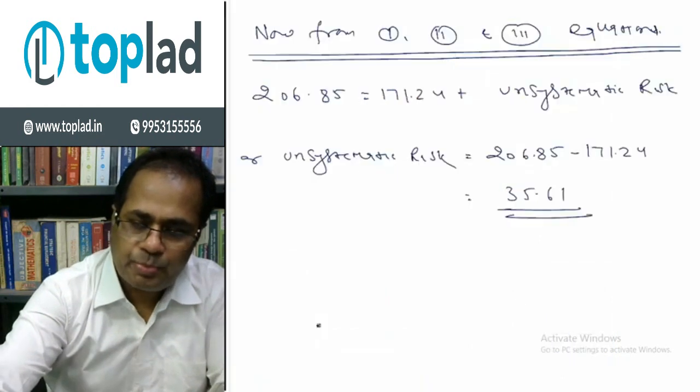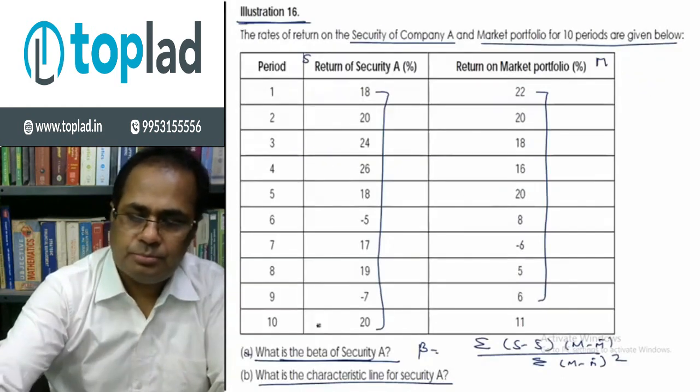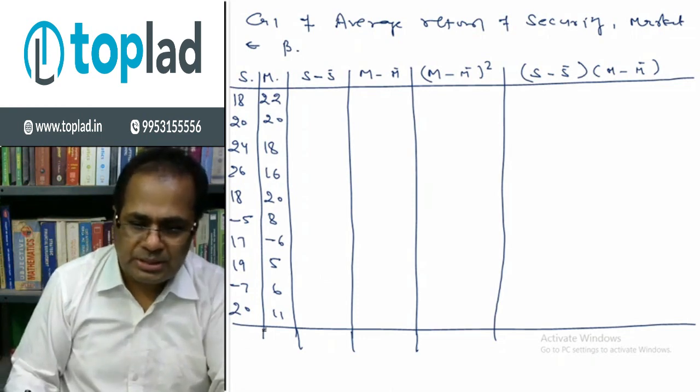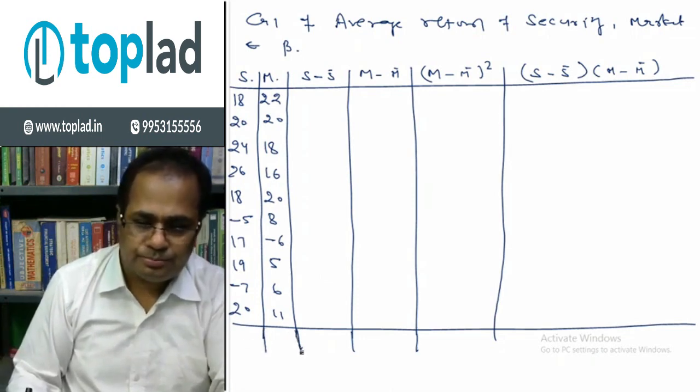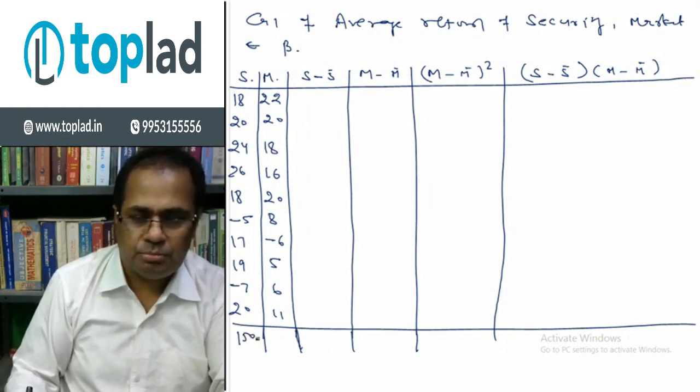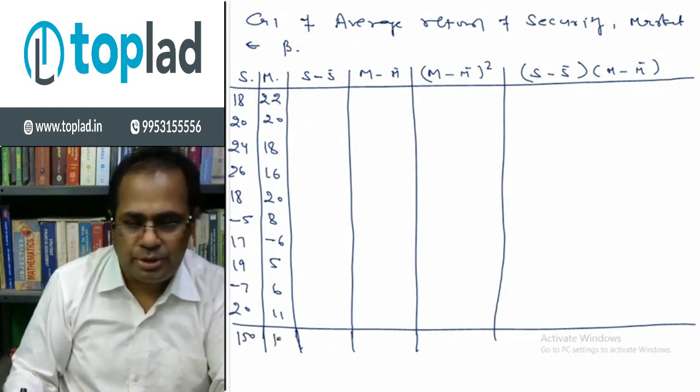Now you have to take the sum of all these. The summation of all this is 150 for the security and 120 for the market.